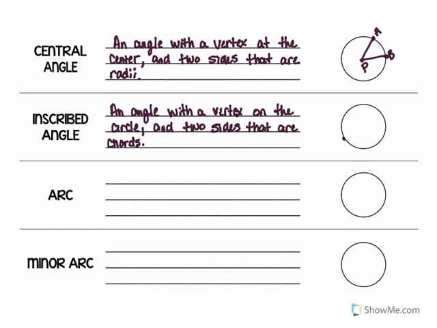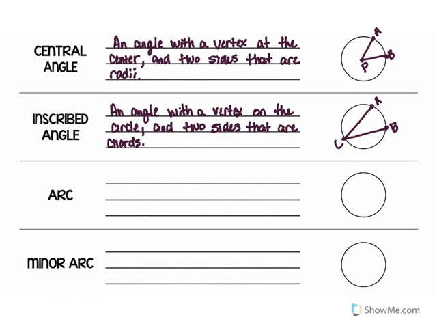So we're going to have this vertex. I'm going to label it C. And we're going to have A and B. Now this is an inscribed angle because CA and CB are each a chord. So chords, remember, are not diameters, they're not radii, they're not anything like that. They just intersect at 2 points on the circle.